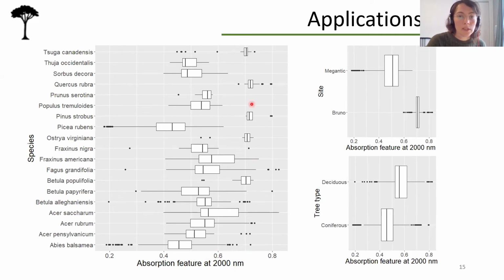Of course, the ranges of the box plots are influenced by the amount of tree crowns in total, but we definitely see some differences here.